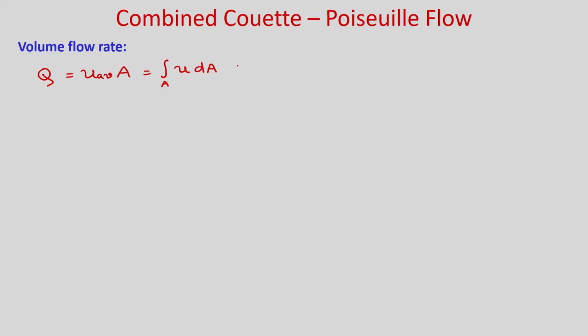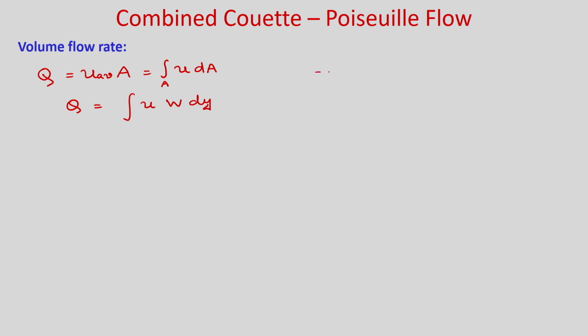So, you can see that at a distance y from the bottom wall, if you take an elemental distance dy, then the flow area will be dy into the width of the plate. That we consider as w, so it will be w into dy. So, you can write q is equal to integral of u into w into dy.